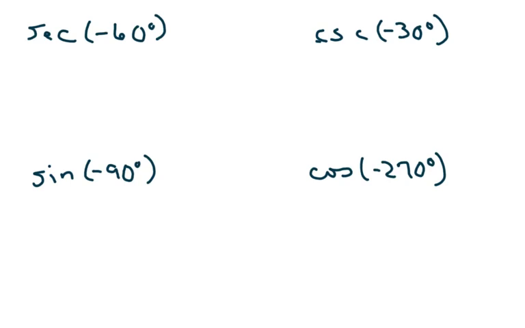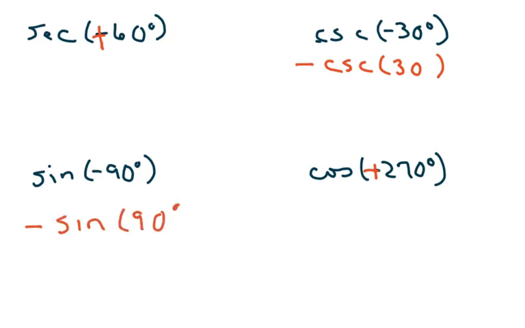Okay. Secant and cosine are the only even properties. So both of these are even. I'm just going to change them to plus. These are the easier ones. And then these two I'm going to pull out. Cosecant, I'm going to pull out the negative. Pull out the negative for sine.